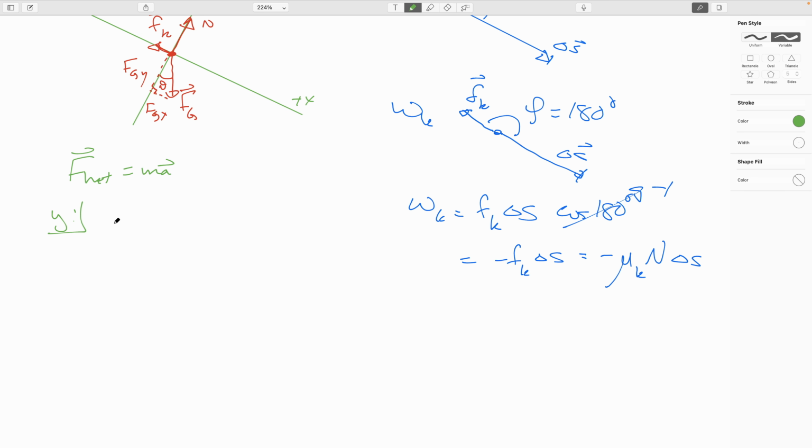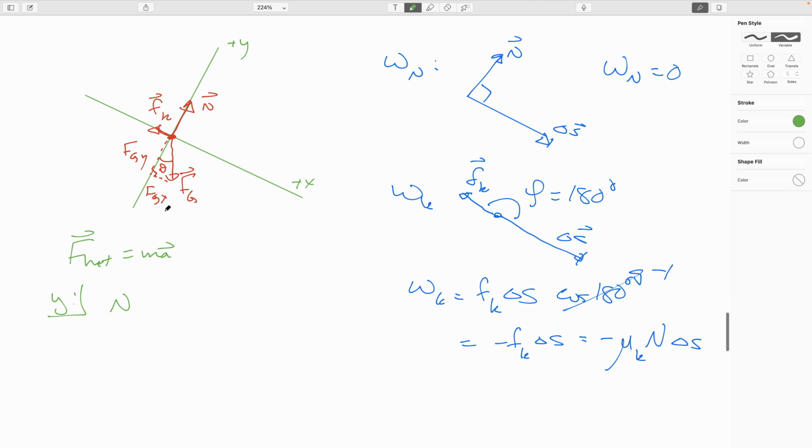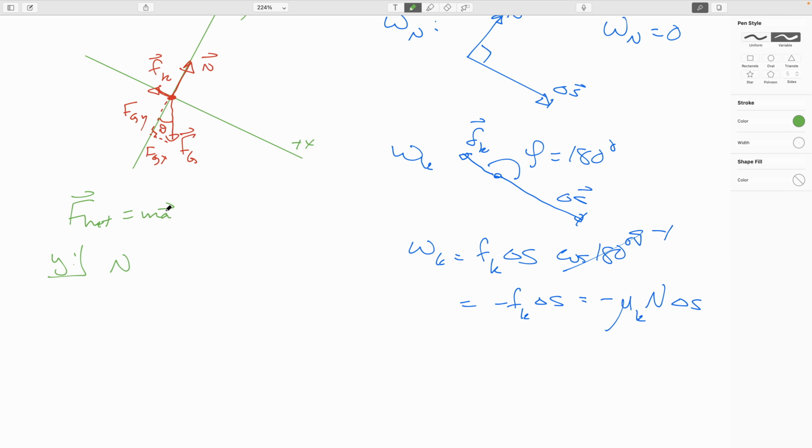In the land of y, we've got the normal force pointing up, and we've got the y component of gravity pointing down. Well, that's the force of gravity times the cosine of our ramp angle, theta. So equal to m a sub y, which is 0. So the normal force is equal to force of gravity times cosine theta, which is mg cosine theta.